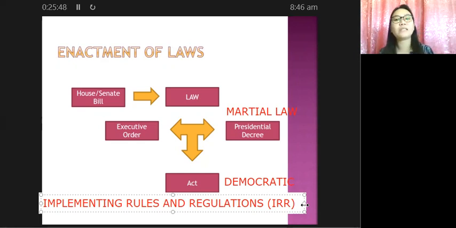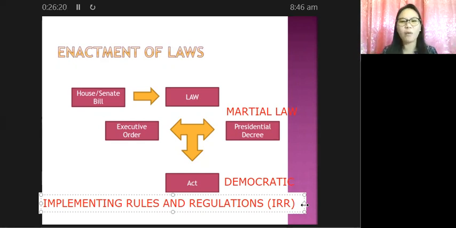What are examples of agencies which have come up with implementing rules and regulations? A very good example is the Department of Health. In the case of your clinical laboratory law, it only contains a few provisions, a few sections, and it's not detailed.